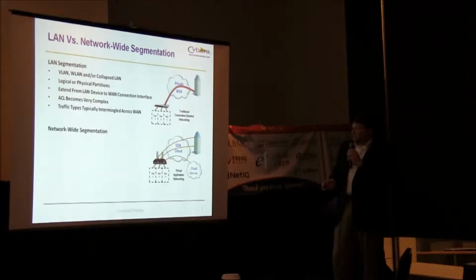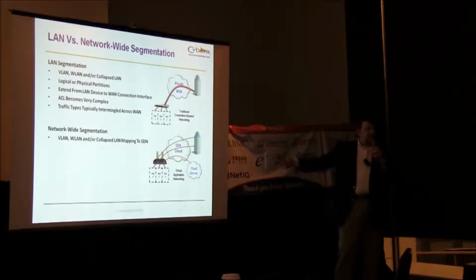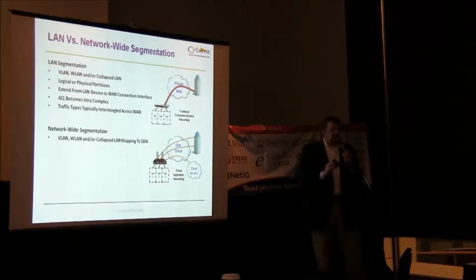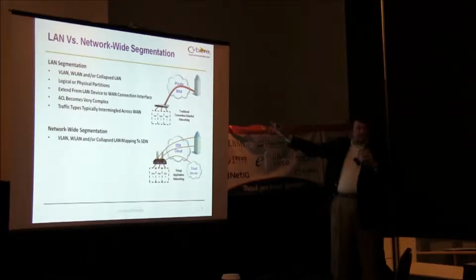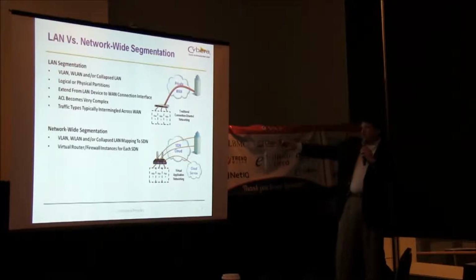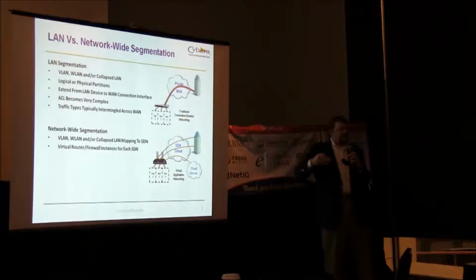So network-wide segmentation basically takes the VLAN, the wireless LAN, the collapsed LAN, and it maps it directly to a software-defined network that extends for that application, that network traffic, all the way across the WAN to its endpoint. And from there, it creates virtual router and firewall instances for each and every application network.